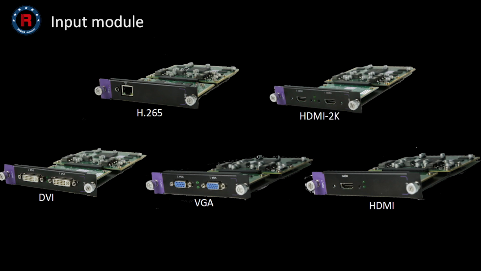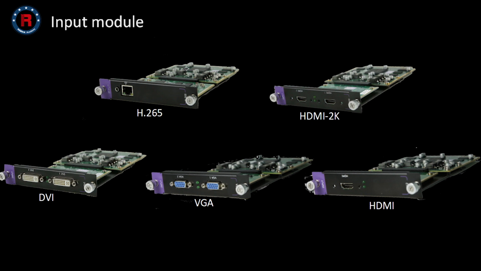Here, Q16 can support five kinds of inputs, like HDMI 2K and HDMI 4K. Most of them are from the camera or from the computer signal. The VGA, DVI interface, and for the desktop.